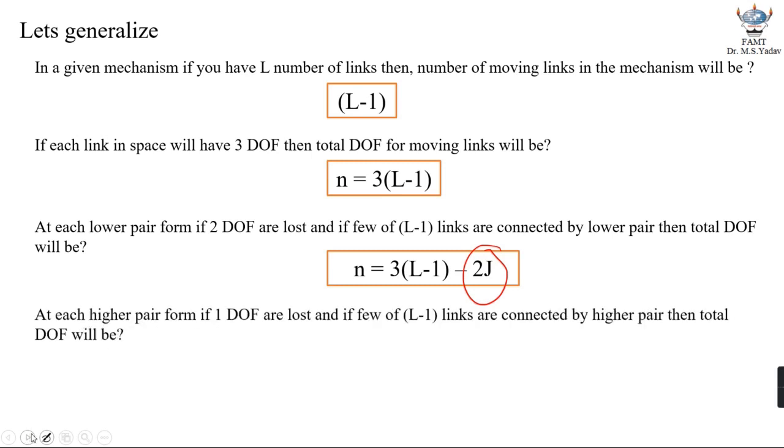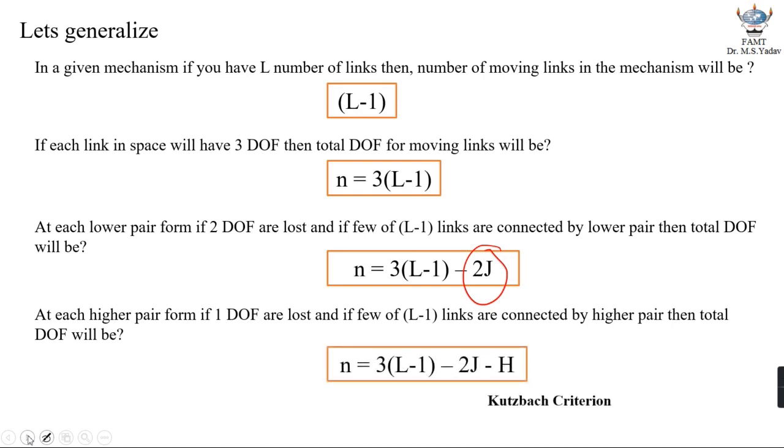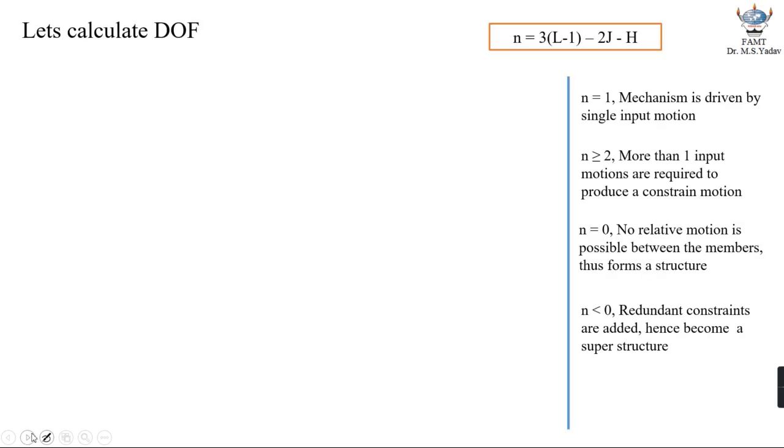And let us say we also form H number of higher pairs. As we know, at every higher pair formed 1 degree of freedom will be lost. So now the total degrees of freedom will be 3 into L minus 1 minus 2J minus H. Now this expression of degrees of freedom is called Kutzbach criterion. This expression is typically used to obtain the degrees of freedom for different mechanisms.